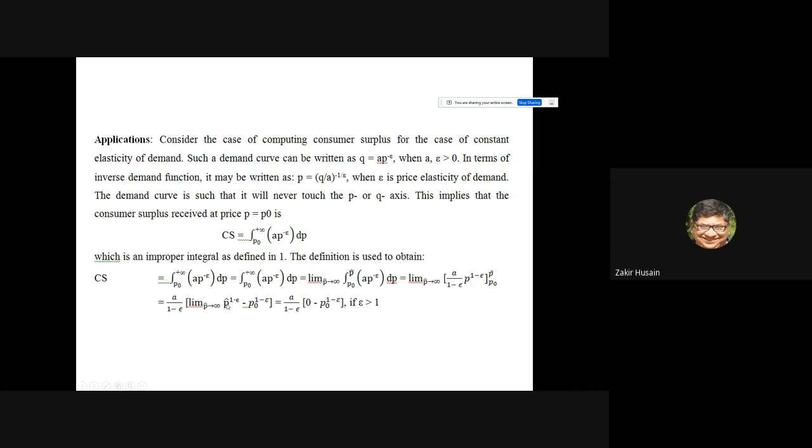So this becomes 0. So this is the price when demand will fall to 0, and we have this part.